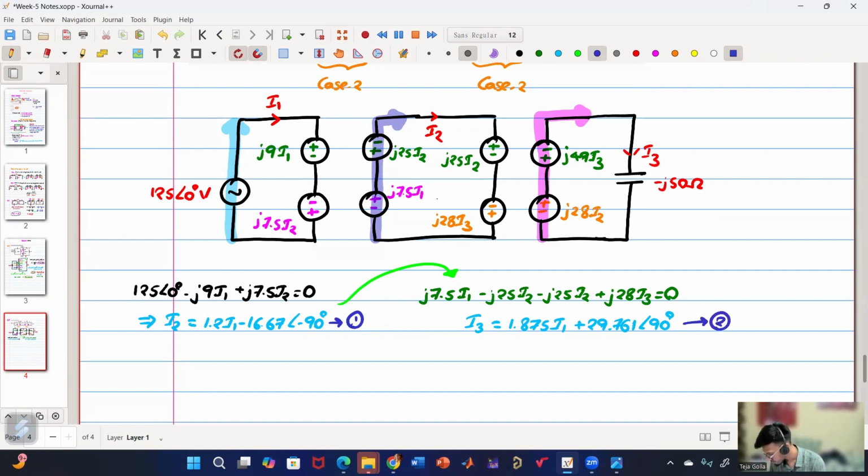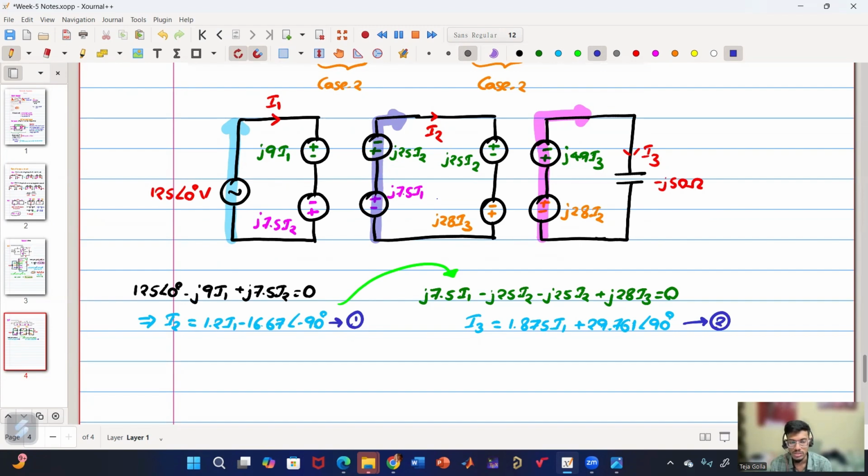I'm just giving you 2 minutes. Just check whether any one of you are getting this expression or not. Basically, I'm substituting I2, so I'm converting I2 in terms of I1, and I3 also in terms of I1. So first I will calculate I1, then I will calculate I2, I3, and whatever voltages they have asked. We shall solve the three equations by substituting.